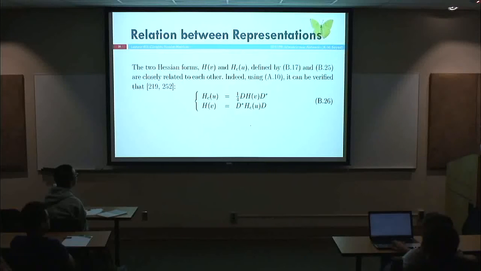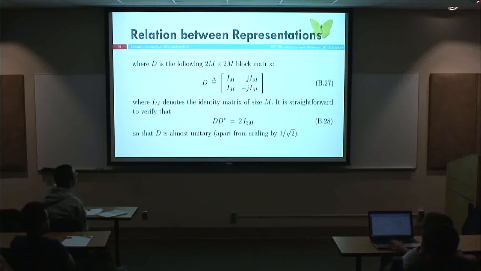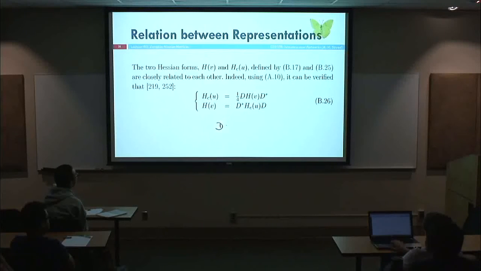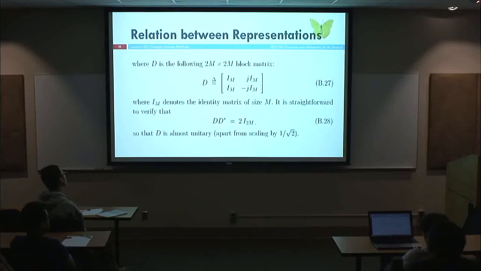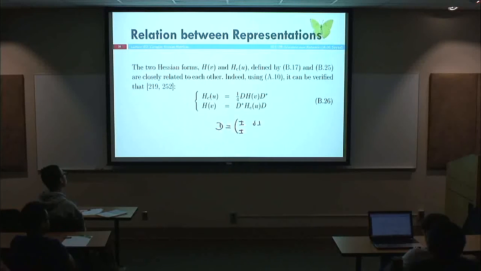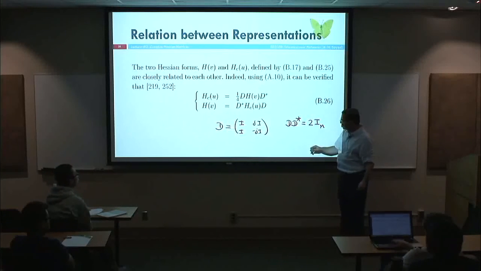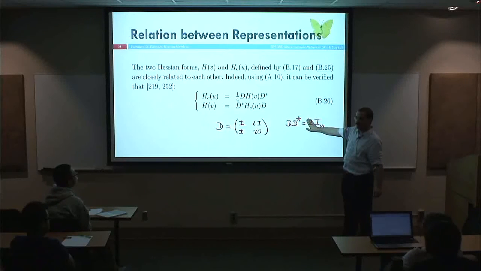Okay, so this matrix D, I have it defined, I think, on the next page here: I, jI, I, minus jI. And this matrix D satisfies this property. If I did not have a 2 here, this would be a unitary matrix, right?